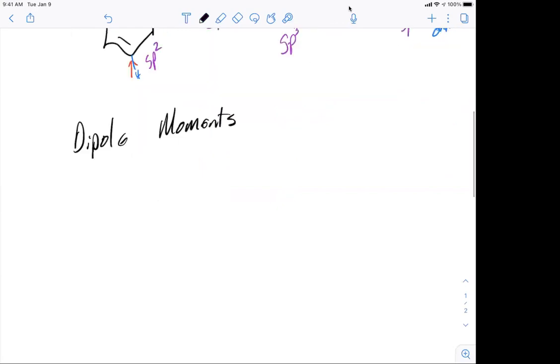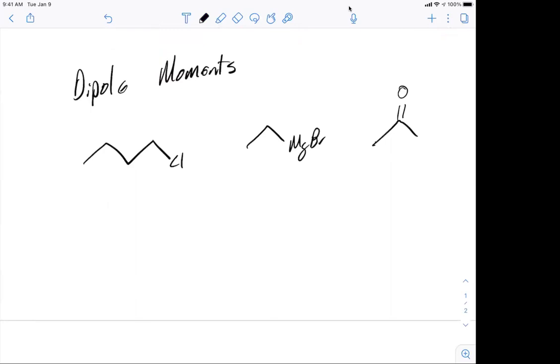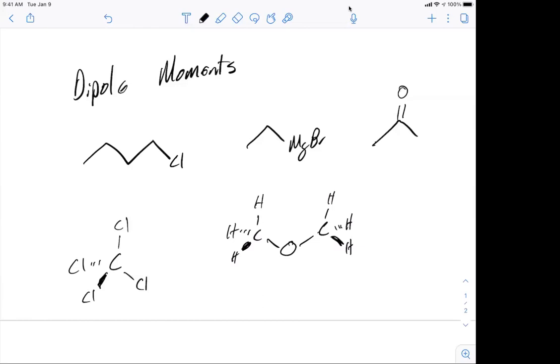So we'll draw a few atoms here and put in the dipole moments. Okay, let's take a little time, put in the dipole moments for these 5.